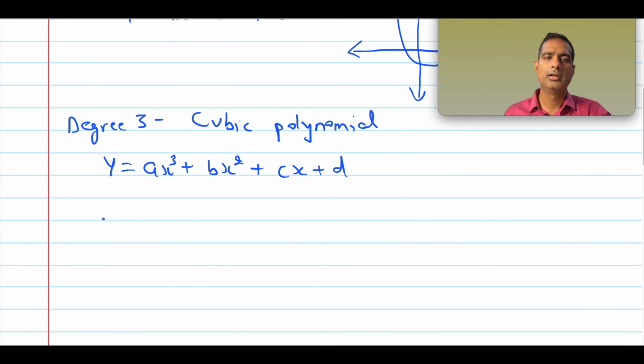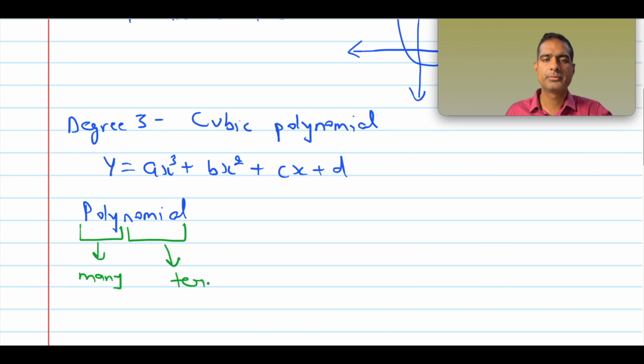And a general name for a polynomial of any degree is polynomial, which is the name of the chapter. And this name has been formed by joining two words, that is poly and nomial. Poly means many and nomial means terms. So this is the general name of an expression which contains many terms.